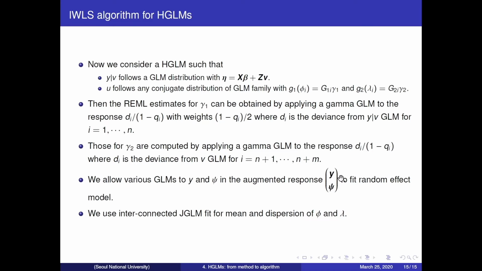In addition, we allow various GLMs for y and psi in the augmented response to fit the random effect model. Lastly, we use an interconnected joint GLM fit for the mean and dispersions phi and lambda.